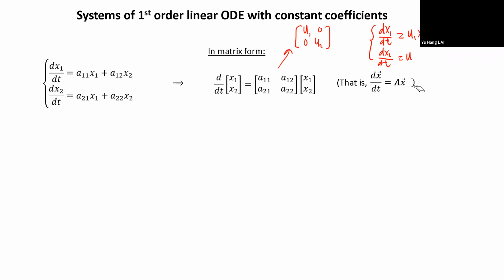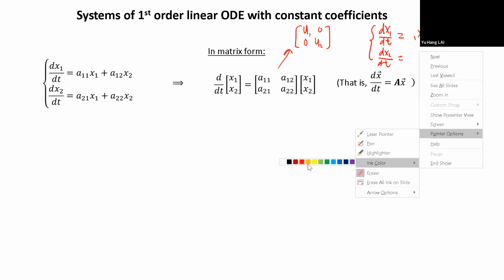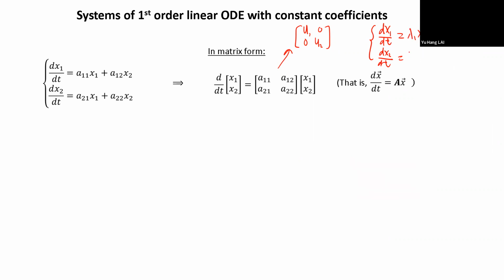Let me call these lambda 1 and lambda 2. If this is a diagonal matrix, then the system is just like this.